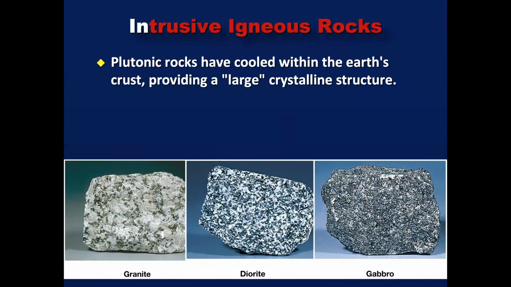So intrusive rocks tend to have large crystalline structure and they tend to be stronger, bottom line. So granite would be an example of this. And granite is what you will use inside in your kitchen, and it's there for a reason.